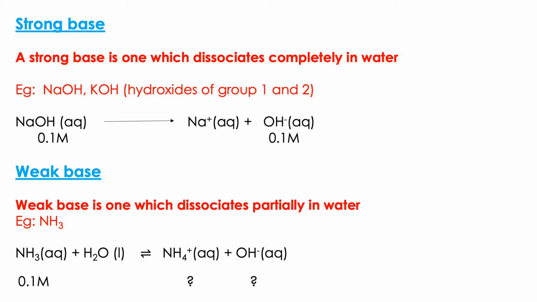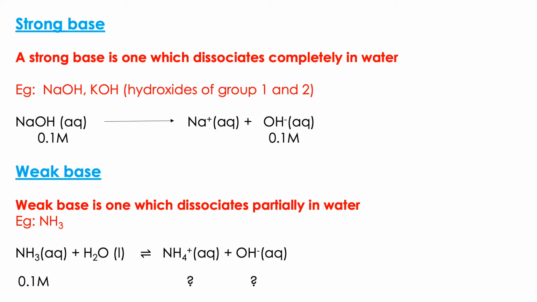If the initial concentration of sodium hydroxide is 0.1 moles per decimeter cube, the concentration of OH- ions formed is also 0.1 moles per decimeter cube because the dissociation is complete or 100%.